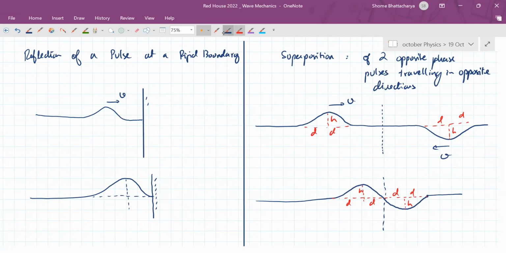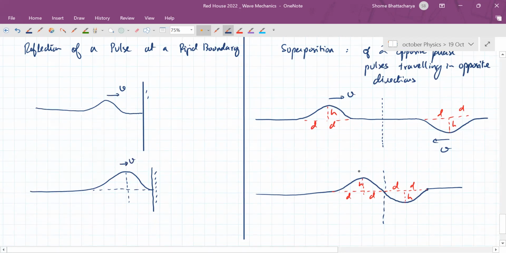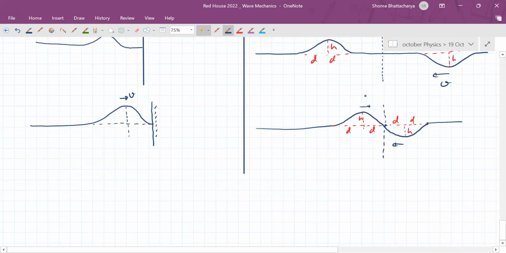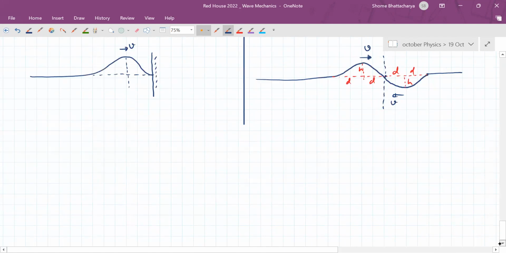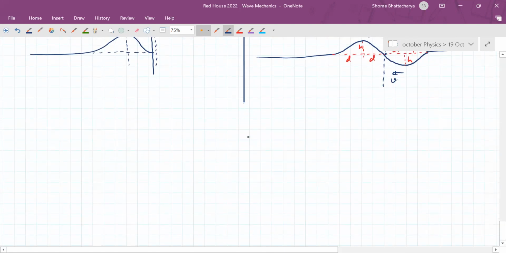Okay, now the interesting thing really starts happening, that we'll see that as these pulses traveling in opposite directions overlap with each other, how it changes the shape of the resultant wave, the resultant shape of the string, how it changes in this case, and correspondingly how we can see it will change over there.